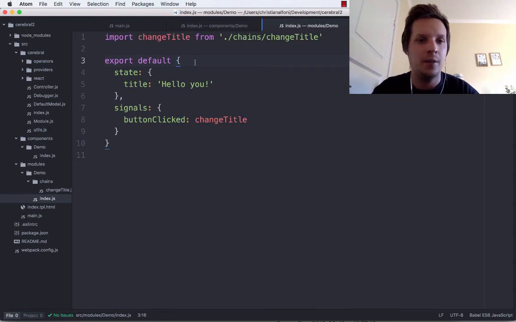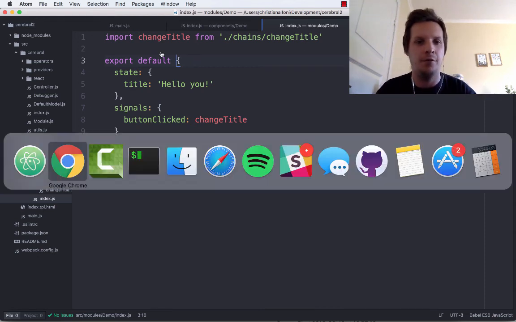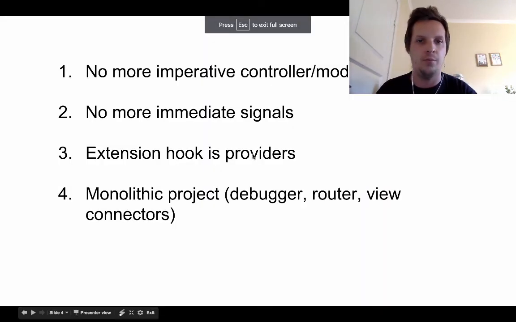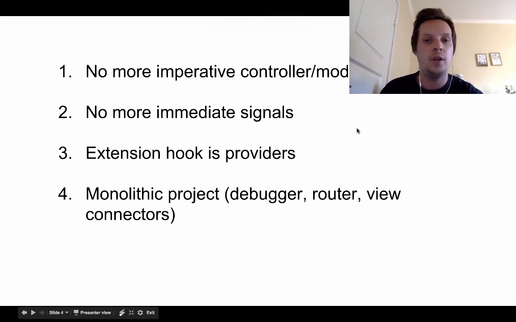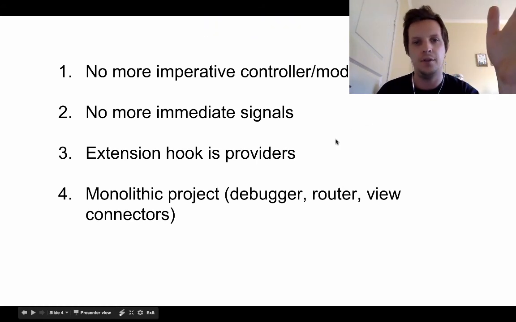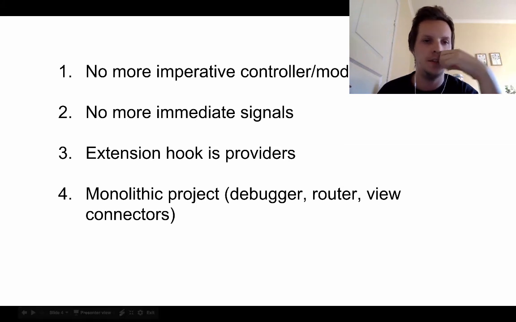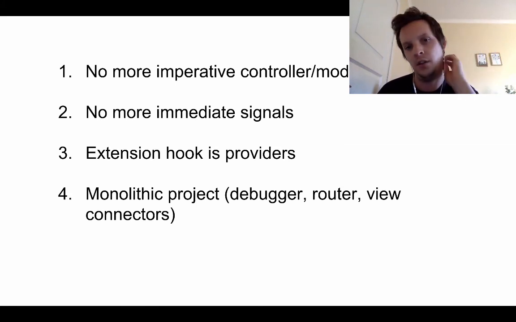So that's the thing, we're making it super simple now for people to get into it. And when there are special needs, then you can open up the more complex stuff. And there's no more immediate signals. Now there's only signals. That was a completely pre-optimization thing that hurt the API quite a bit.